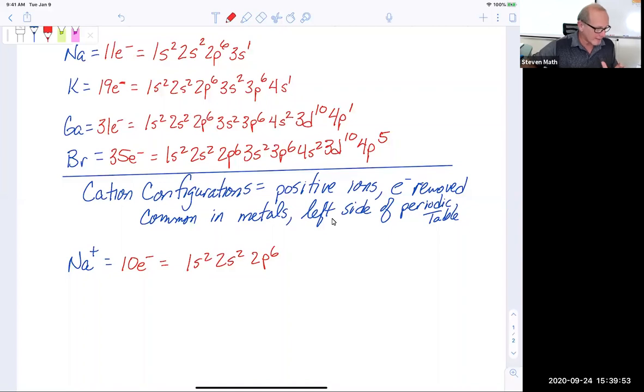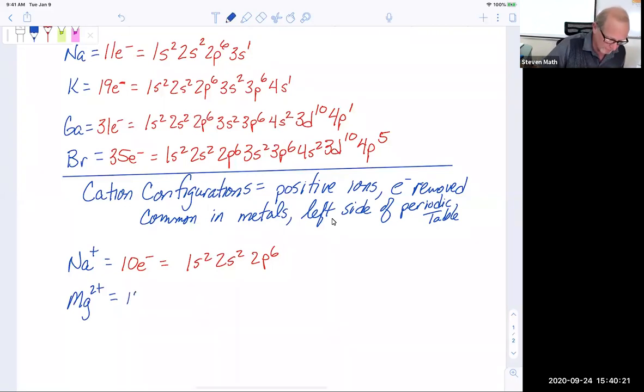Let's look at another one. Let's look at magnesium. Magnesium here goes 2+. And so magnesium on the periodic table, it's got 12 electrons. But a magnesium cation has +2, so we removed 2 of those electrons.